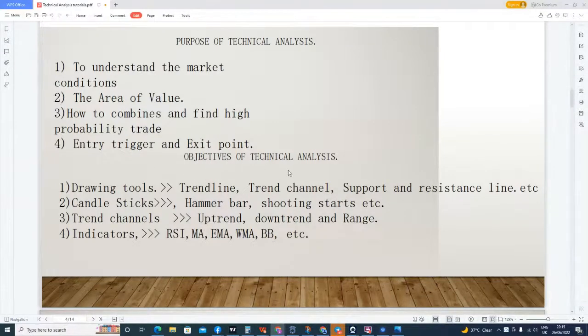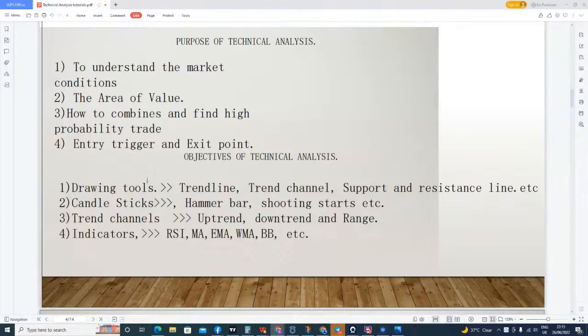Now, objectives of technical analysis. What are the objectives of technical analysis? What makes up technical analysis? What can one use in the chart to predict the future price of an asset? One is drawing tools.